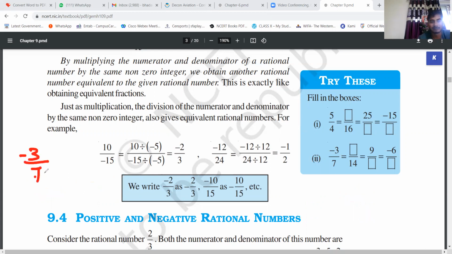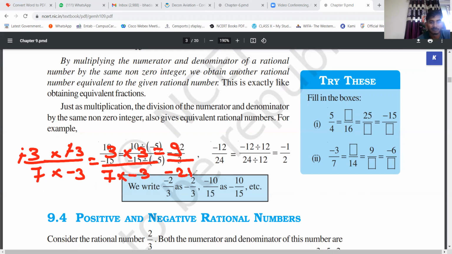Minus 3 by 7 multiplied by, remember, if I'm multiplying by minus 3, for example, and if I'm multiplying minus 3, I told you minus will be plus. It will be cut down. It will then be 3 into 3, that is equal to 9. But it is only 7 into 3 minus 3, so it will be minus 21.